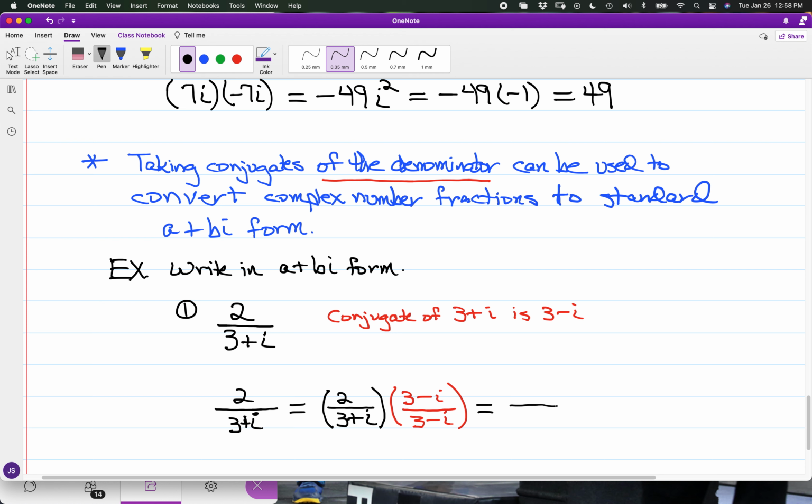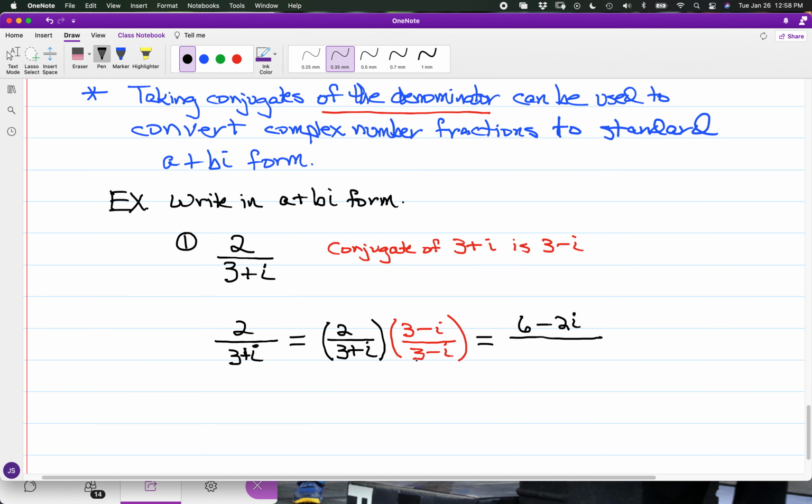And with distribution, 2 over 3 minus i, so this will be 6 minus 2i. And we got 3 times 3 is 9. What's going to happen here? We got 9, your outside and inside products are going to cancel out. So we have 6 minus 2i, and now we have 9 minus i squared.